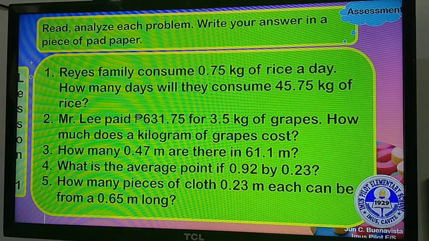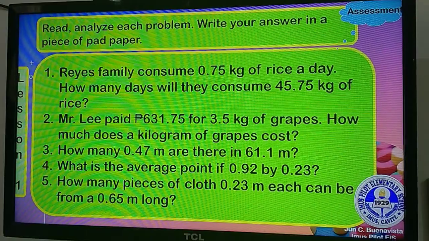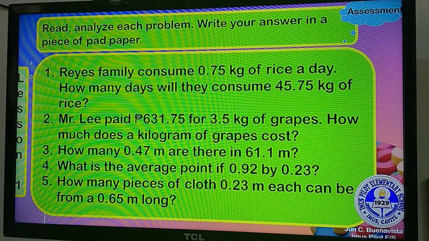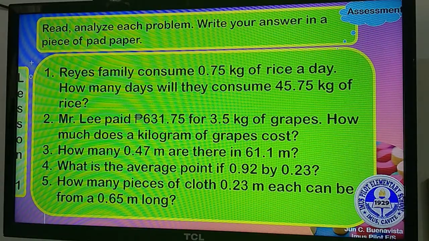Okay, number 2. Mr. Lee paid 631 pesos and 75 centavos for 3 and 5/10 kilograms of grapes. How much does a kilogram of grapes cost? Okay, number 3. How many 4,700 meters are there in 61 and 1/10 meters?